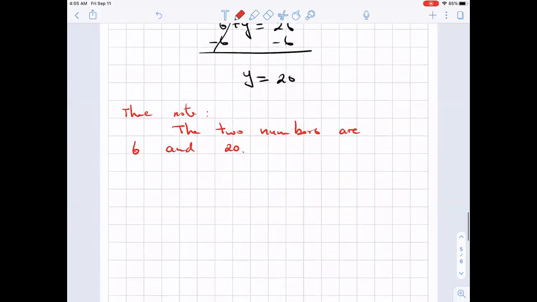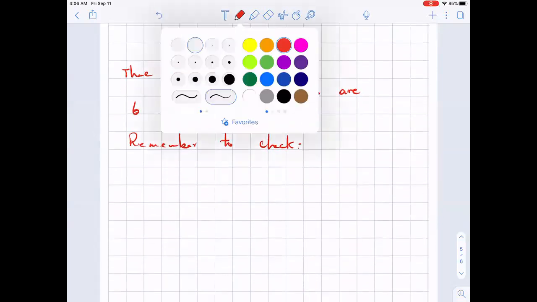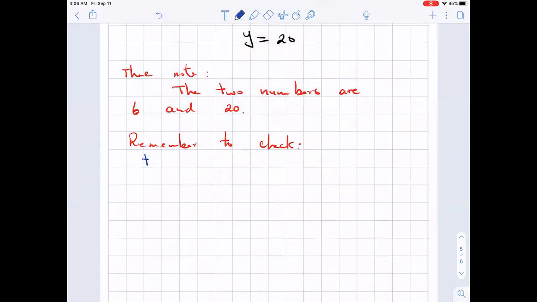Now you can check, remember to check. The sum of the two numbers is 26.